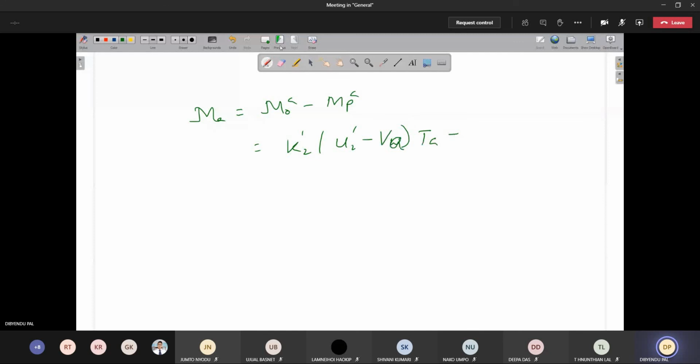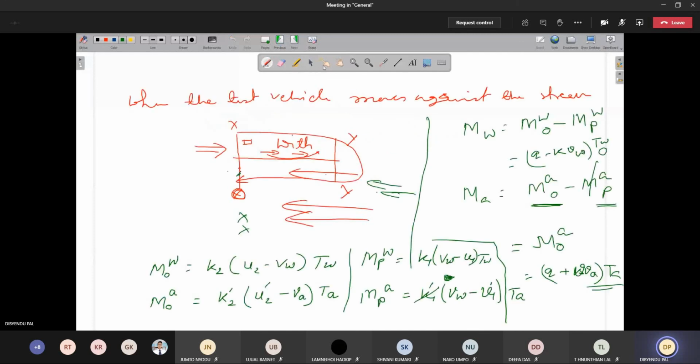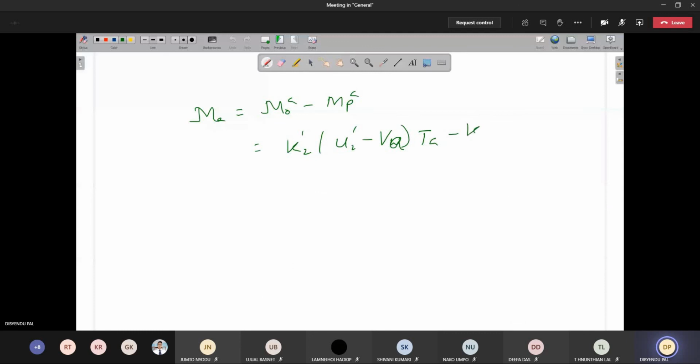Minus, what is MPA? MPA is K1 dash BA minus U1 dash and TA. And in the same fashion, K2 U2 is nothing but I can say Q2 dash plus Q1 dash, and the whole multiplied by TA.